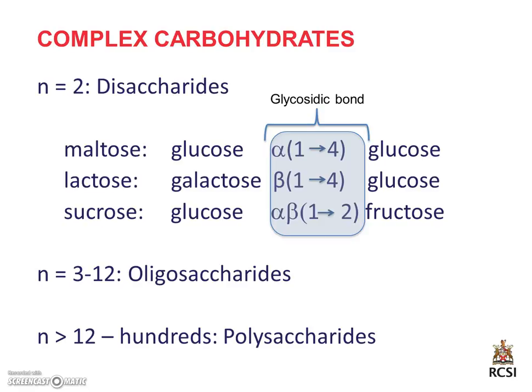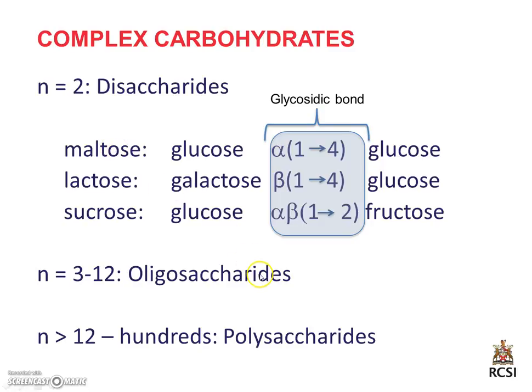This is achieved by one monosaccharide linking to a second monosaccharide through the interaction of the glycosidic bond. And we will learn the nomenclature of these bonds and know what an alpha 1,4 glycosidic bond is, as is found in the disaccharide maltose.